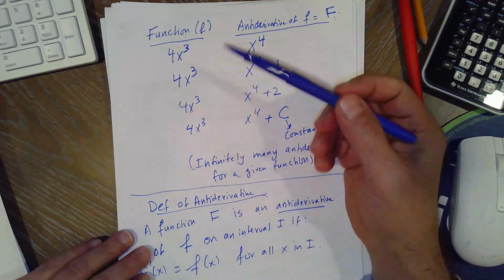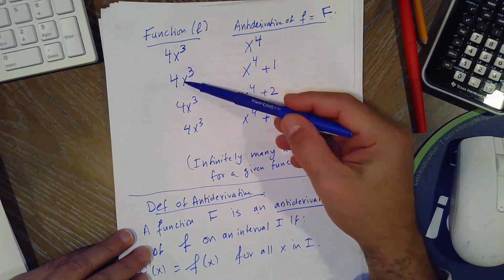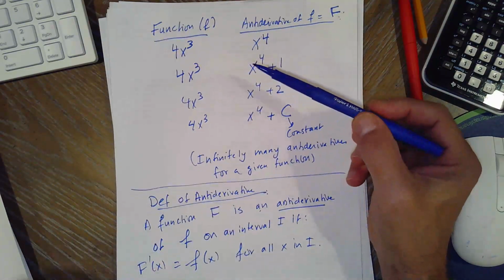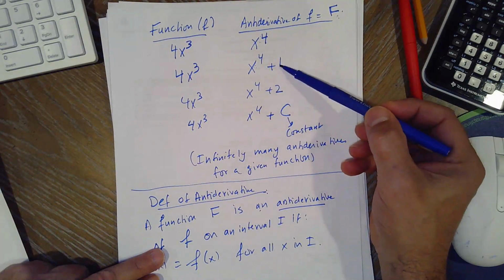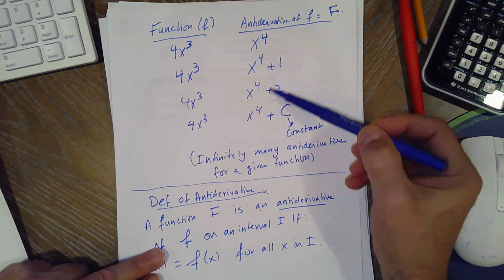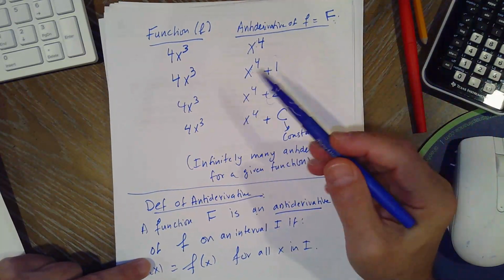And if we have two antiderivatives of the same function, they must differ by a constant. The constant could be 1, could be 2, could be who knows. Okay?